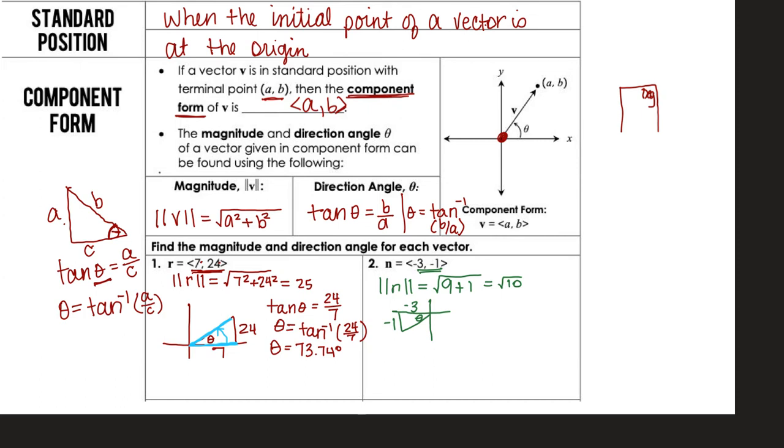So we're going to say tangent of theta is going to be opposite over adjacent. So that becomes a positive 1/3, doesn't it? So theta is equal to inverse tangent of positive 1/3.